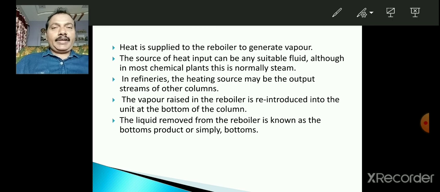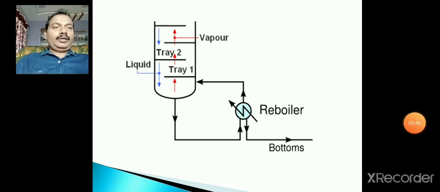The source of heat can be any suitable fluid, although in most chemical plants this is steam. In refineries, the heating source may be output streams of other columns. The vapor raised in the reboiler is reintroduced into the unit at the bottom of the column. The liquid removed from the reboiler is known as the bottom product, or simply bottoms. So this is the reboiler section.